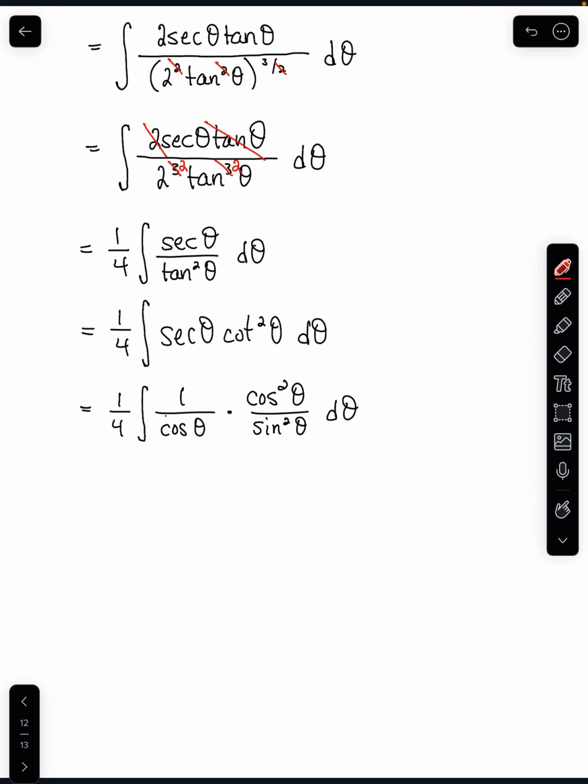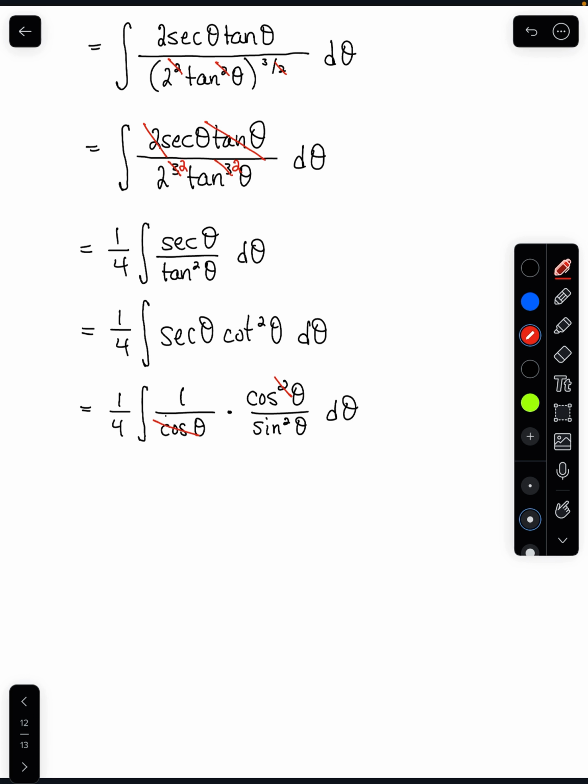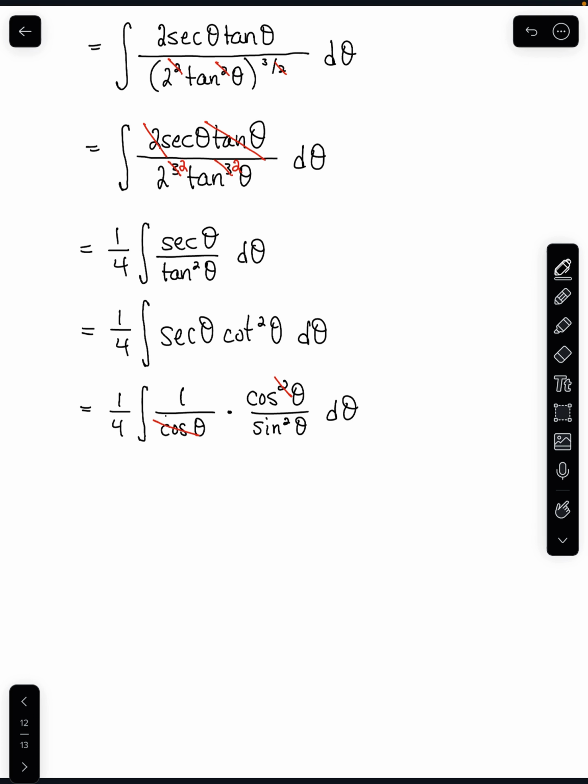Thus getting a bit of simplification to reduce us to a single factor of cosine with a power of sine. Even though it's a negative power, having a single factor of cosine means that we can do a substitution with u, or in this case perhaps, well, I suppose we can use u, we haven't used it yet.